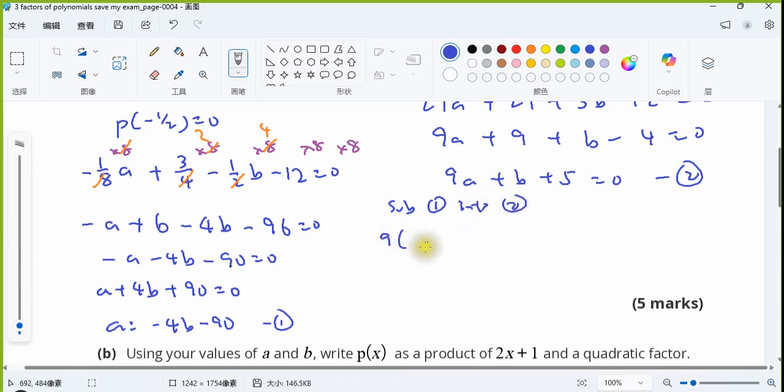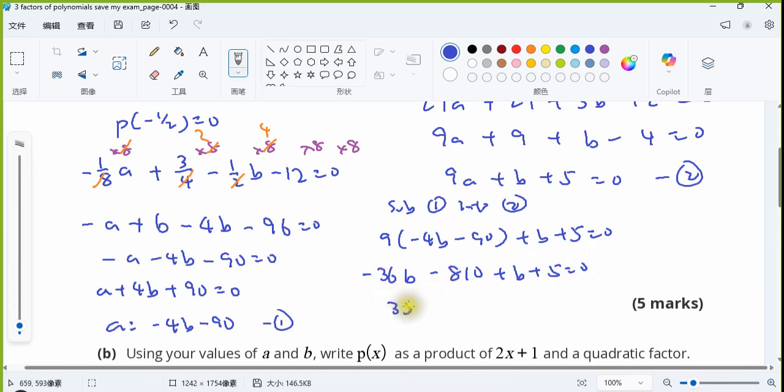So we have the 9 times negative 4b minus 90 plus b plus 5 equal to 0. Negative 36b, and then minus 810 plus b plus 5 equal to 0. So we have the 35b equal to negative 805.